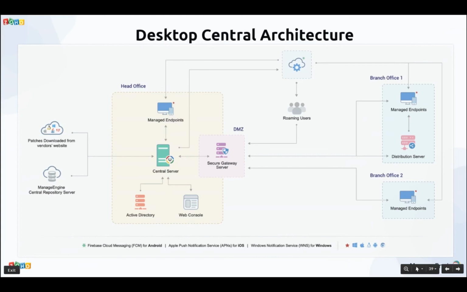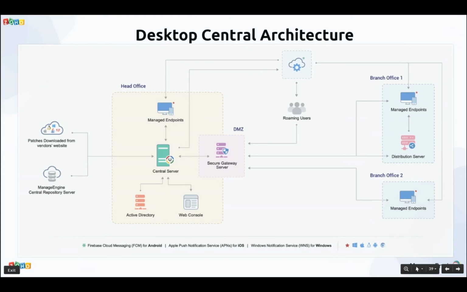Like I mentioned, to decrease the bandwidth consumption, because we have multiple endpoints here and they will all be using the internet bandwidth to get the software and patches from the server, we use something called a distribution server. In case you just have a few computers, maybe less than 10 computers in an office, you're maybe not worried about the bandwidth consumption, so you can have them all communicate directly with the Desktop Central server.